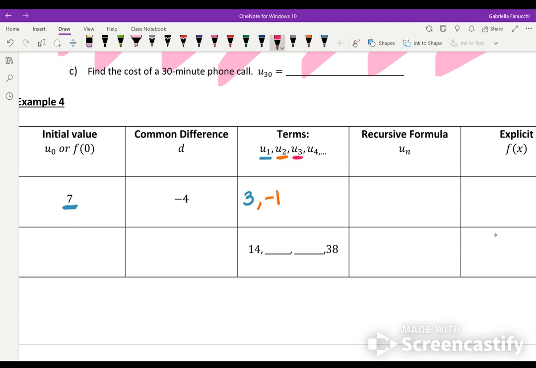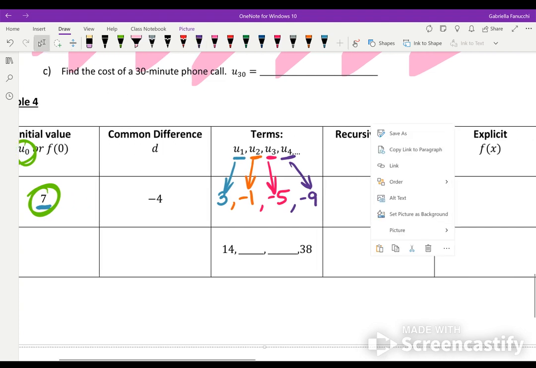The third term, subtract 4, that's negative 5. And the fourth term, subtract 4, that's negative 9. So pay attention that this is u0, this is u1, u2, u3, and u4.